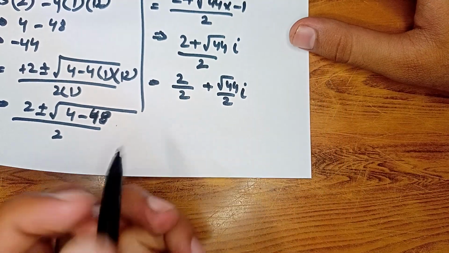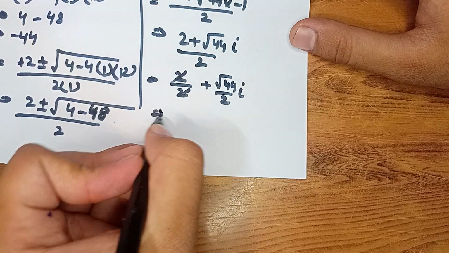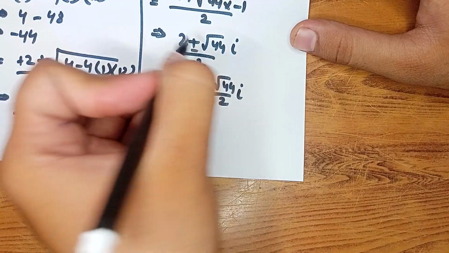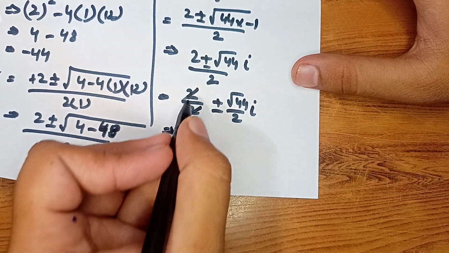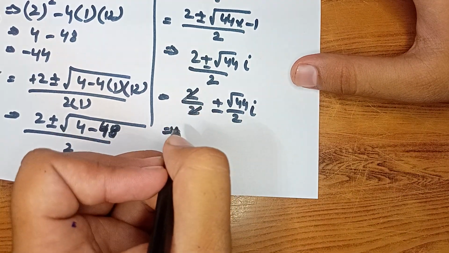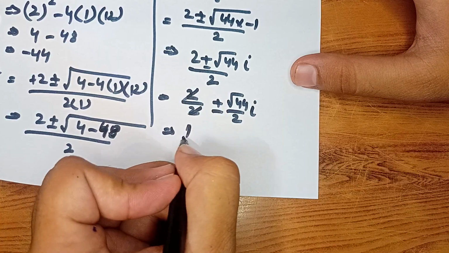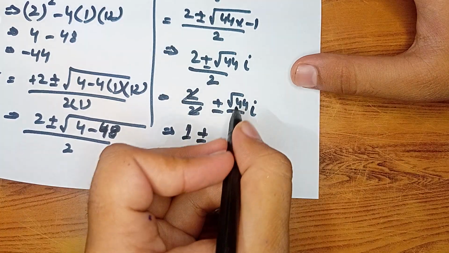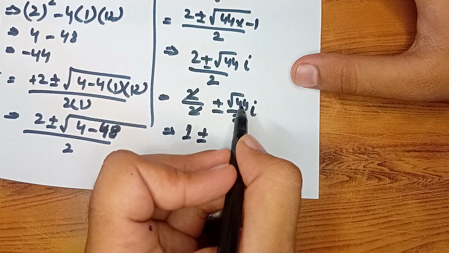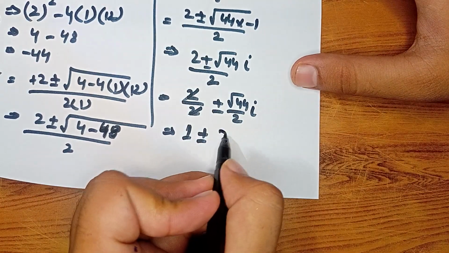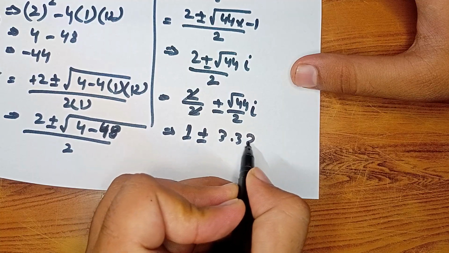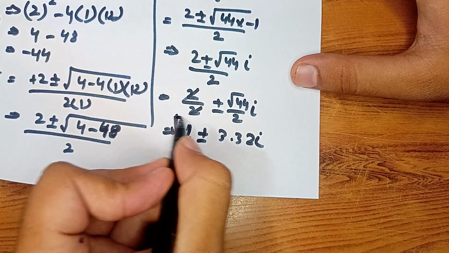I forgot to put the minus, and 2 cancels out, so there should be 1 plus minus under root 44 divided by 2. Calculating with a calculator, this is 3.32 iota. This is our final answer.